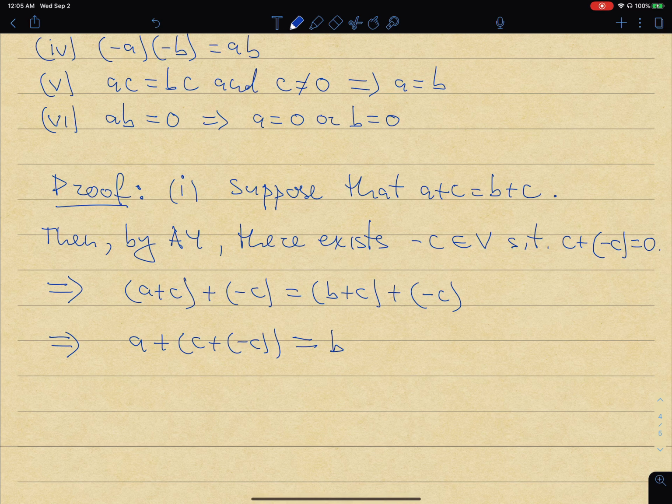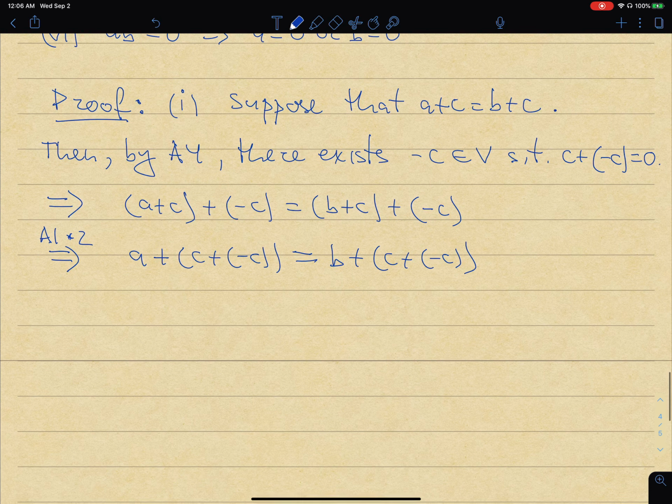I can write this as B plus C plus minus C. So I'm using the associative law A1 twice to get to this step. All right, so we have that.